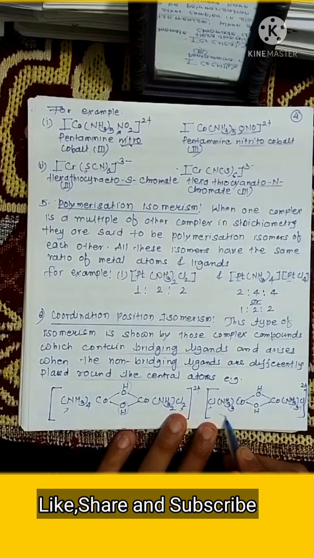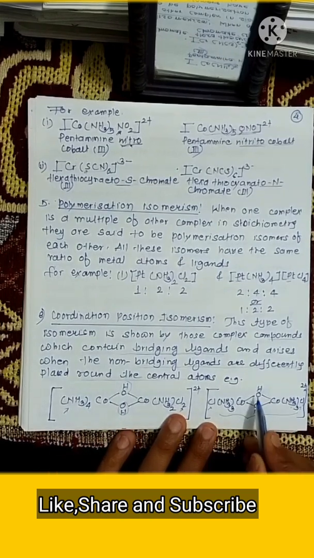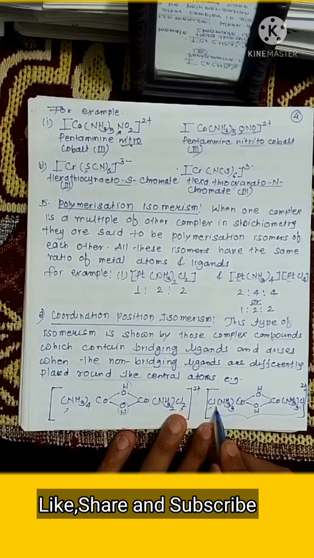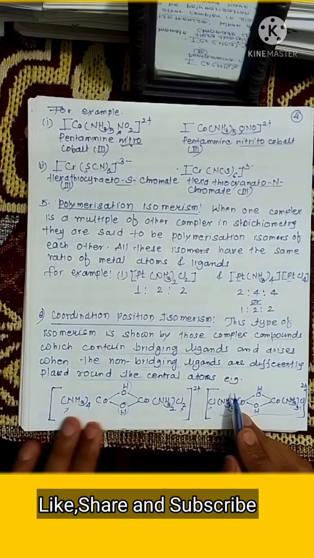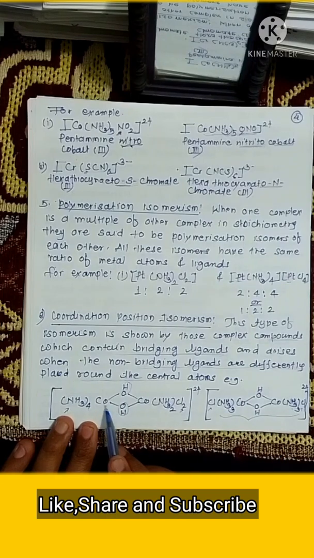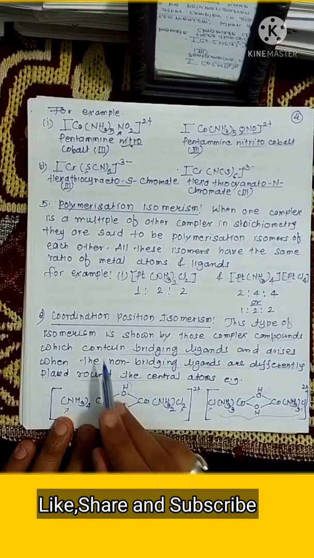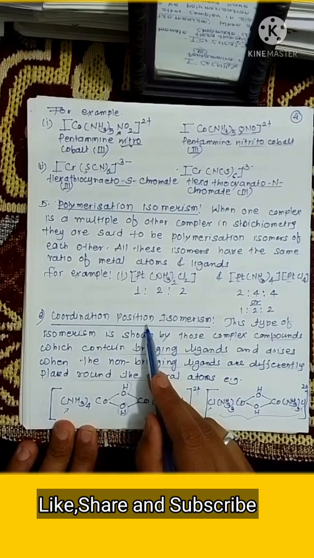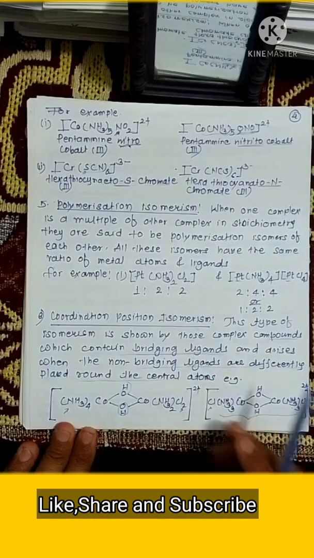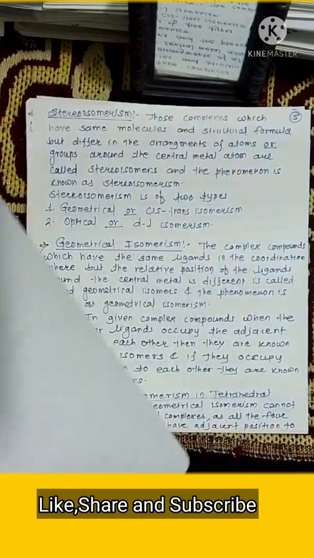Because in the second case we see a symmetrical arrangement of ligands on both cobalts, while in this case we see an unsymmetrical arrangement of ligands on your cobalt metal atoms. And this type of isomerism is known as coordination position isomerism.